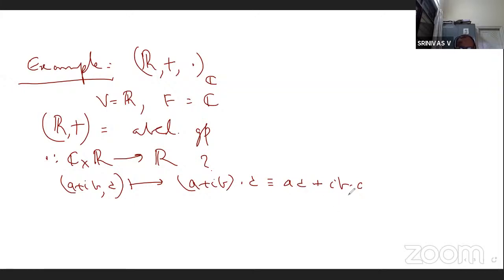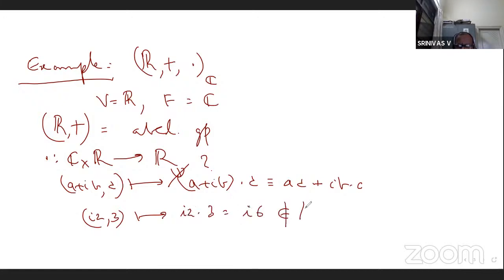Now if you take b and c such that bc is not equal to 0, then you will have a non-zero imaginary part. In that case, this scalar product is not present in R. For example, if you multiply 2i by 3, I will take 2 to be b, a to be 0, c to be 3. Then this is mapped to 2i into 3, that is 6i.